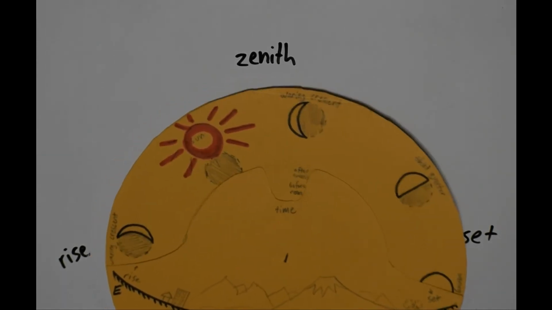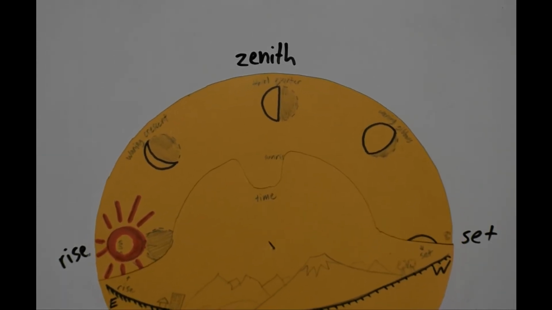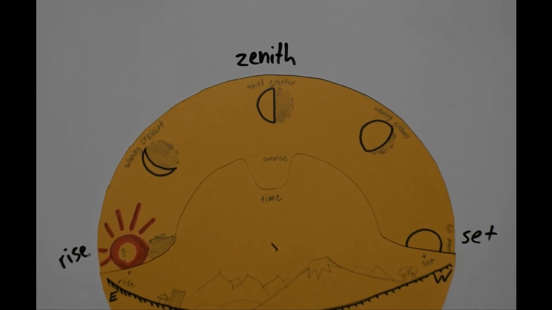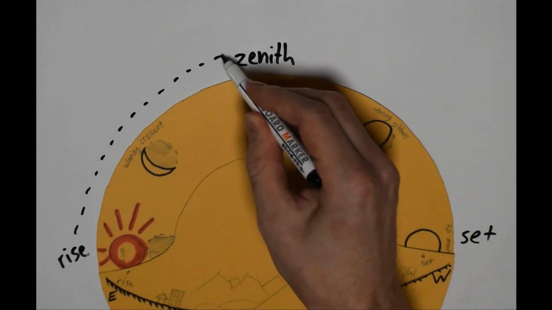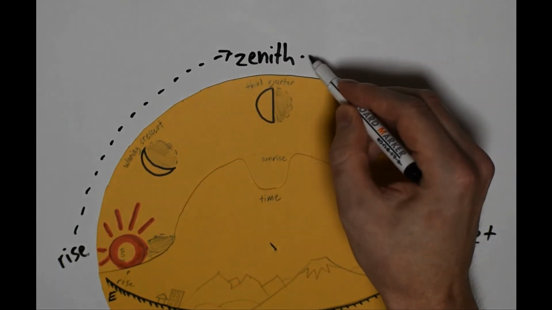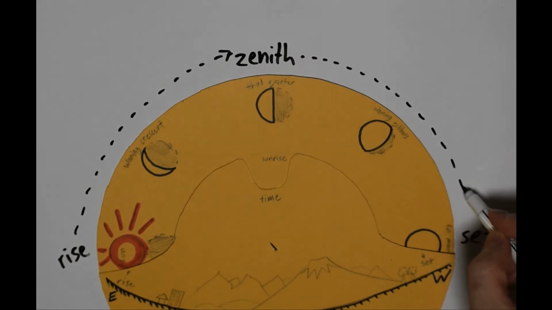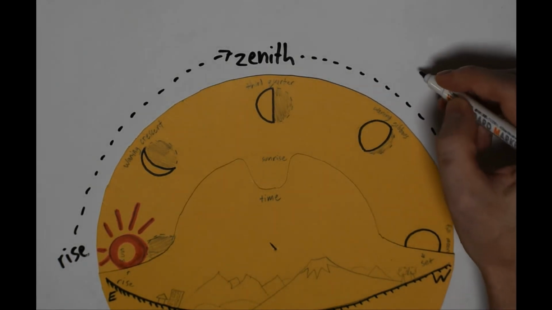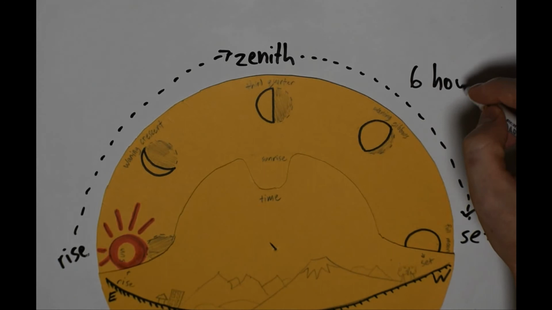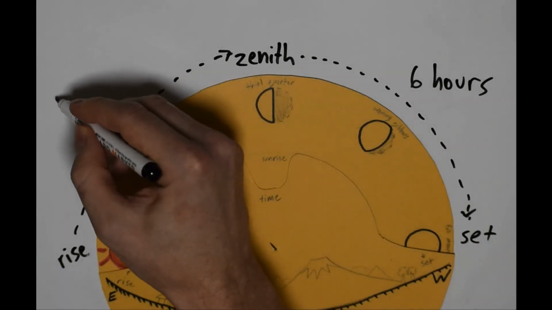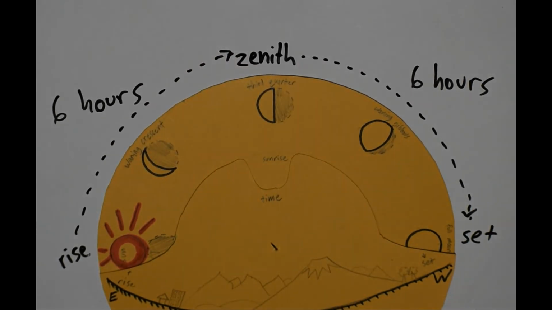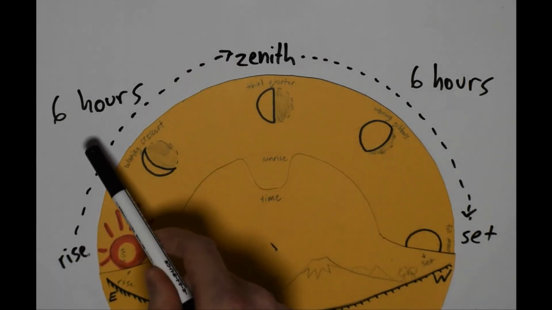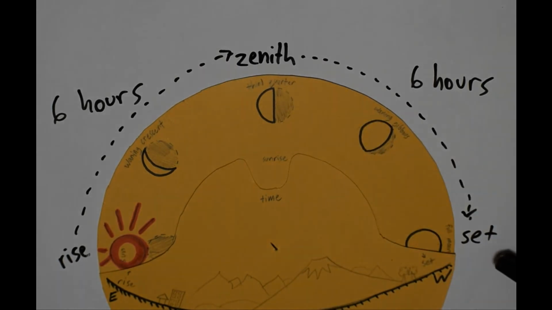And the answer, of course, is 6. So to go from rise to zenith is 6 hours. To go from zenith to set is another 6 hours.